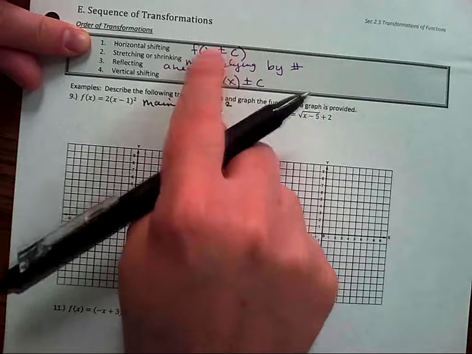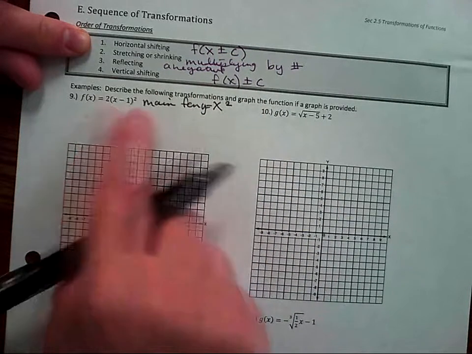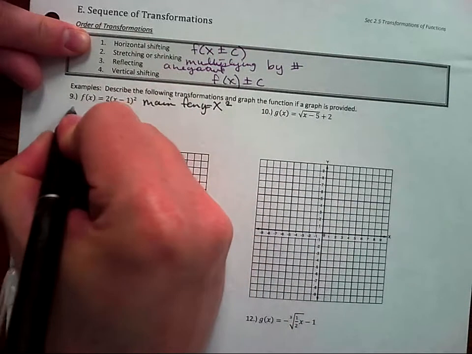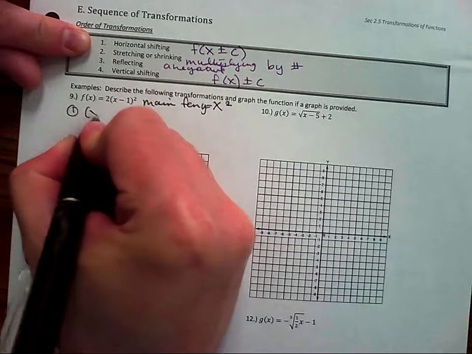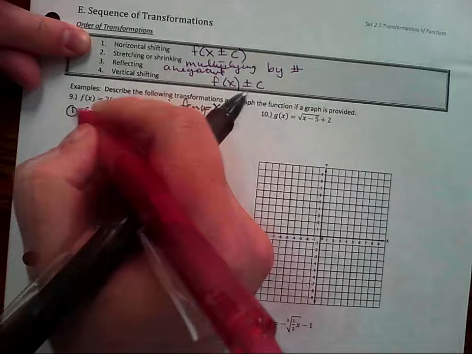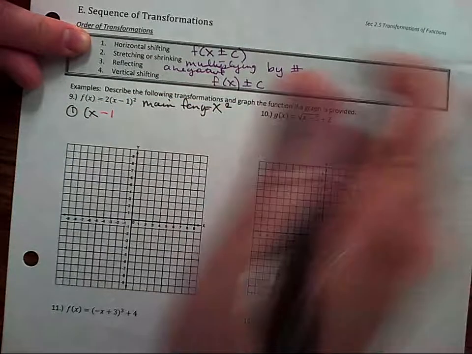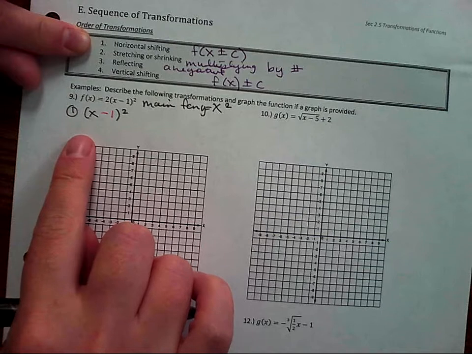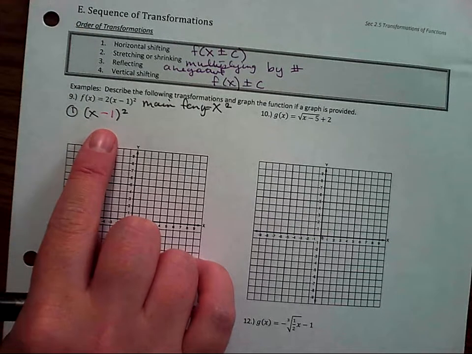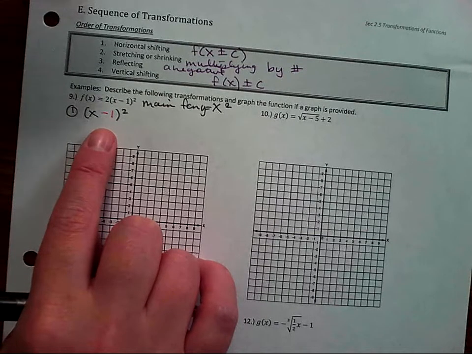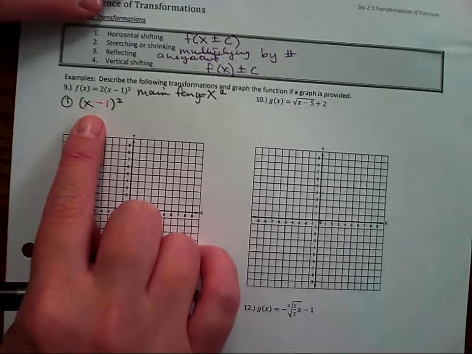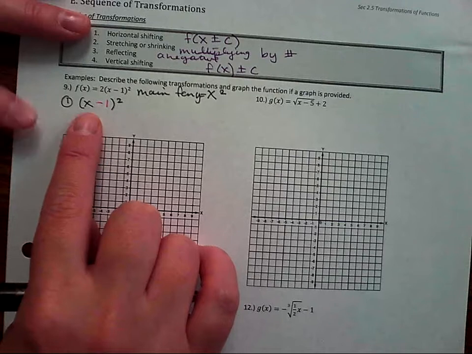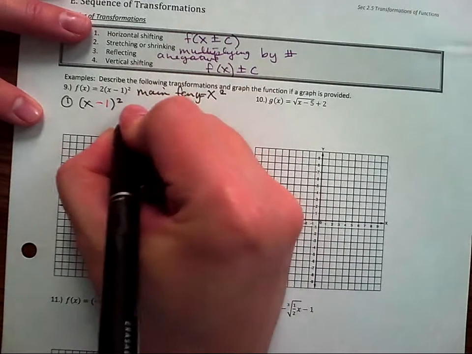Am I adding or subtracting something inside of the x squared function? Here I have x, and then I'm saying minus 1 on the inside of my function. And what does that do? Does it shift it left or shift it right? Go back to the first or second page and look. Right 1 unit.